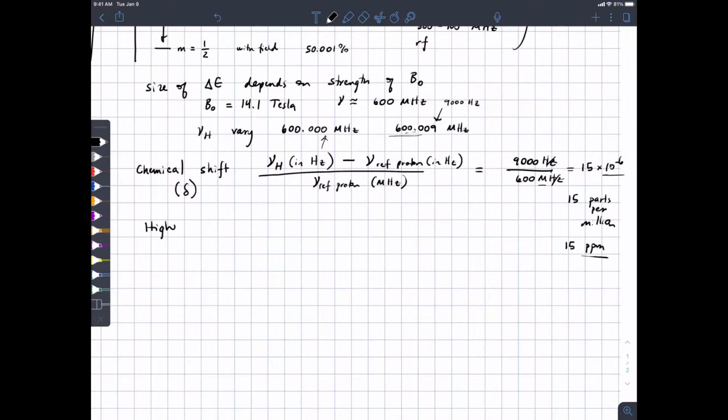So higher magnetic field strength leads to higher difference in energy, leads to higher resonance frequency, leads to higher chemical shift. All right? The chemical shift symbol is this Greek letter delta. We use it for other things, but when we use it in NMR, it refers to the resonance frequency of the proton.